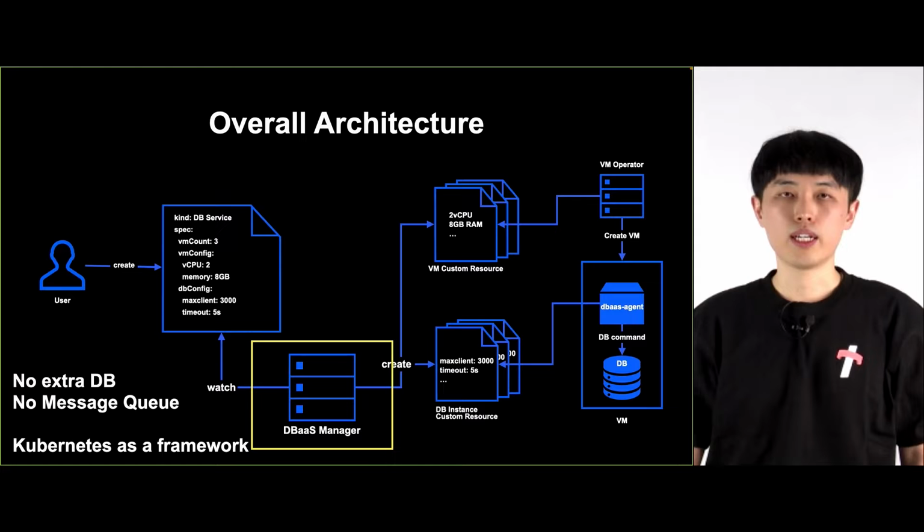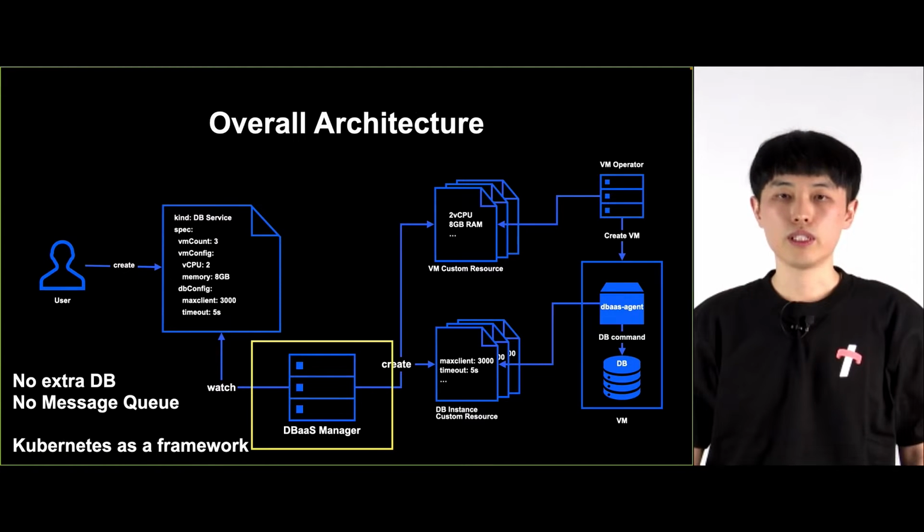So in this structure, for storing data or for asynchronous handling of DB, there is no message queue. Kubernetes is for distribution, or it is used as control plane. So the resource of Kubernetes is used for data storage and also for asynchronous handling of API server.